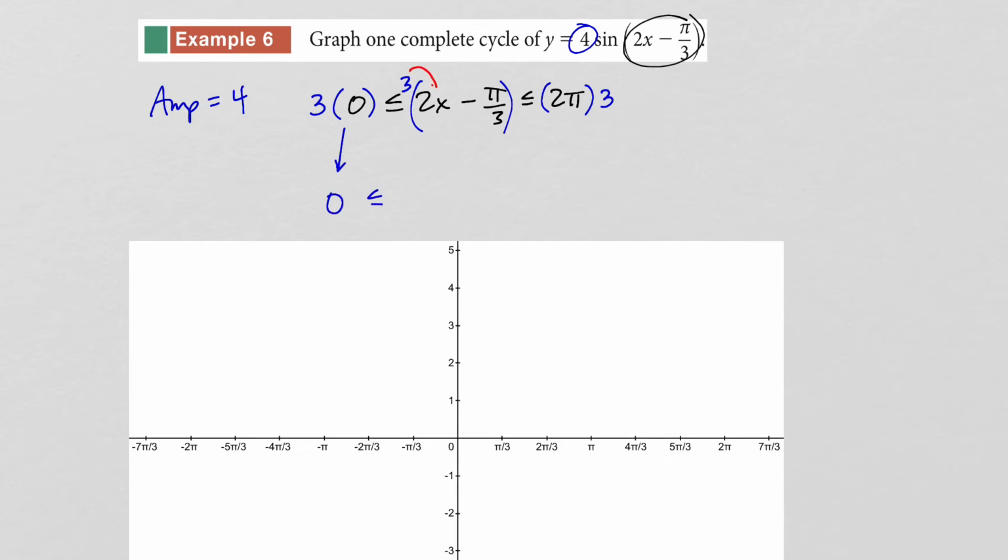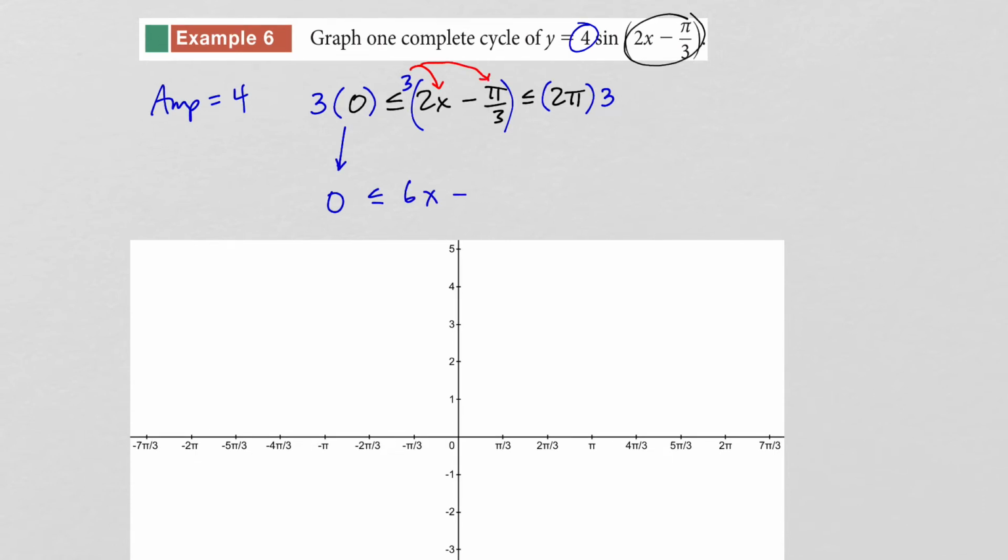Here, 3 times 2x is 6x, minus 3 times pi over 3 is pi, and it is negative, so we have negative pi. And then 2 pi times 3 is 6 pi. What's nice about doing this is I can get rid of those fractions. And now I simply need to add pi to everything.